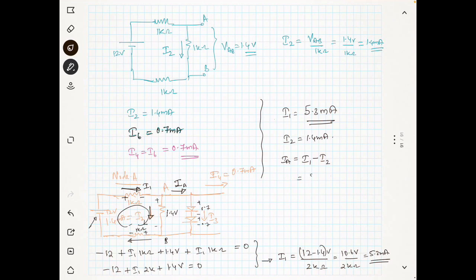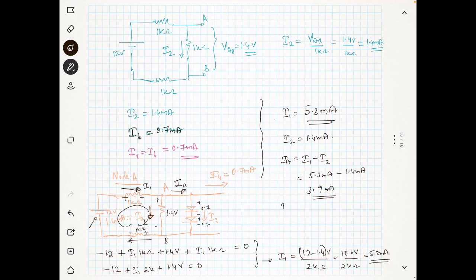It is 5.3 milliampere minus 1.4 milliampere, which is 3.9 milliampere. So ia is 3.9 milliampere.